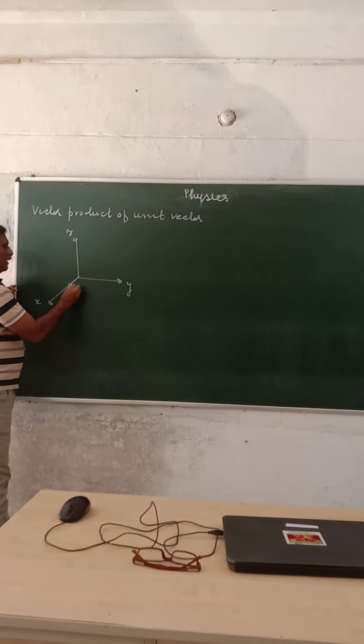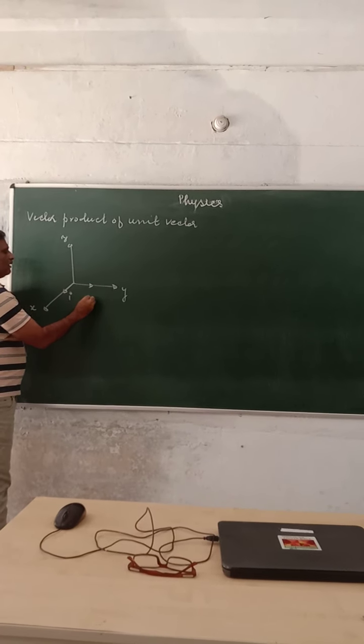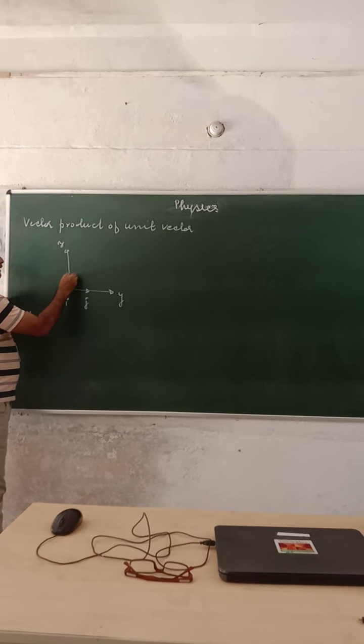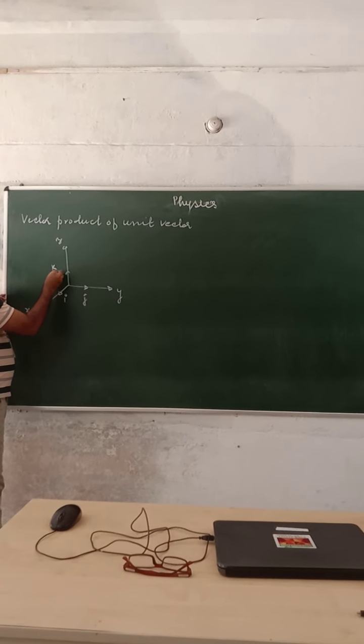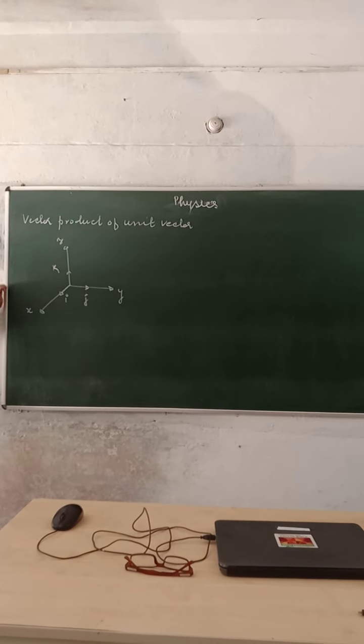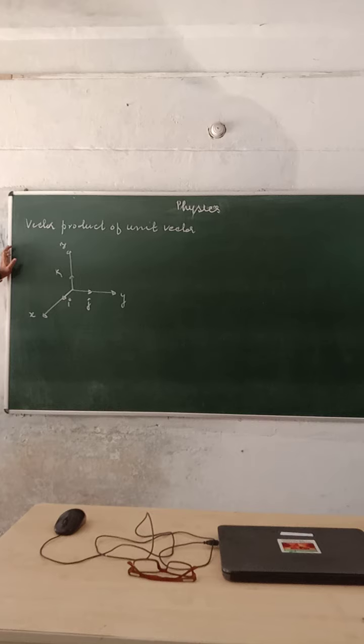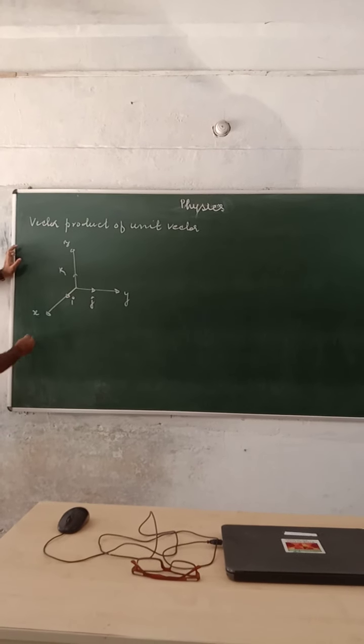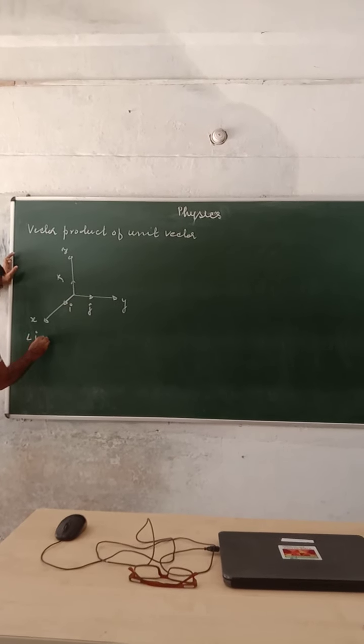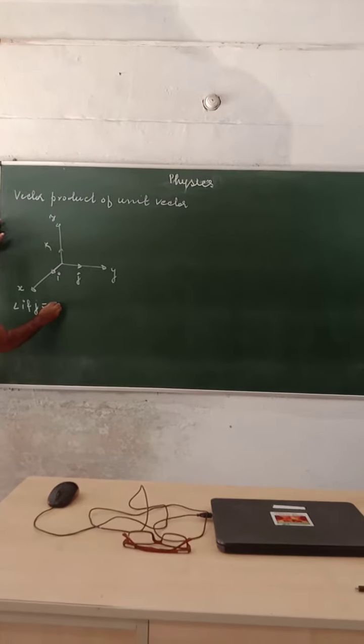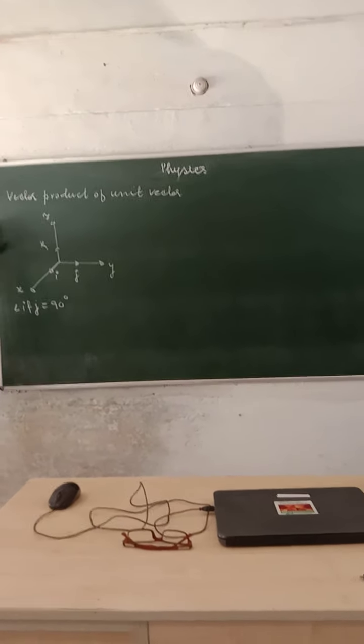Unit vector along x-axis is i, unit vector along y-axis is j, and unit vector along z is k. Angle between i and j is equal to 90 degree.